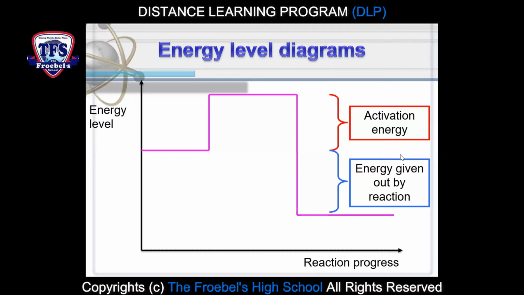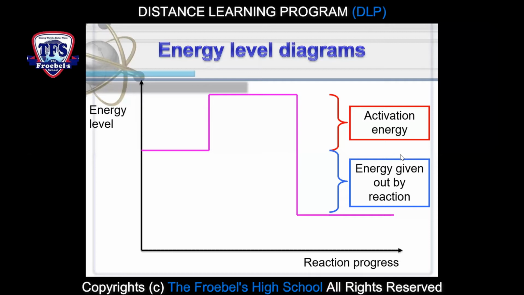Otherwise, the reaction does not start. When we provide this activation energy, then the reaction starts. The activation energy for an exothermic reaction is small, while for an endothermic reaction we need a high amount of activation energy to start. Okay.